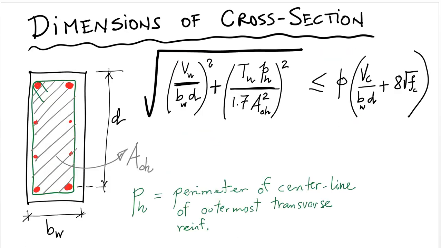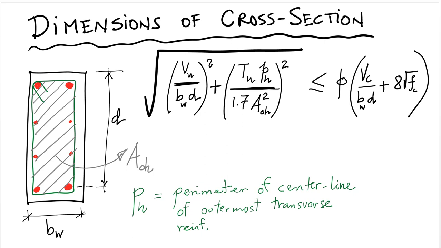In terms of dimensions, the dimension of a cross-section that is resisting combined effects from shear and torsion has to satisfy this requirement presented here. And this requirement basically ensures that the size of the cross-section is adequate to resist the combined effects of shear and torsion.